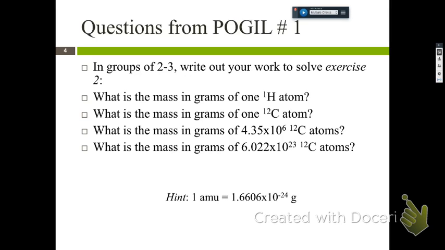All right, so let's go ahead and, Natalie, are you willing to share how you did this? What's your starting quantity and how you worked through it? Okay, you put that over 1. And then what conversion factors would you use to answer this question?